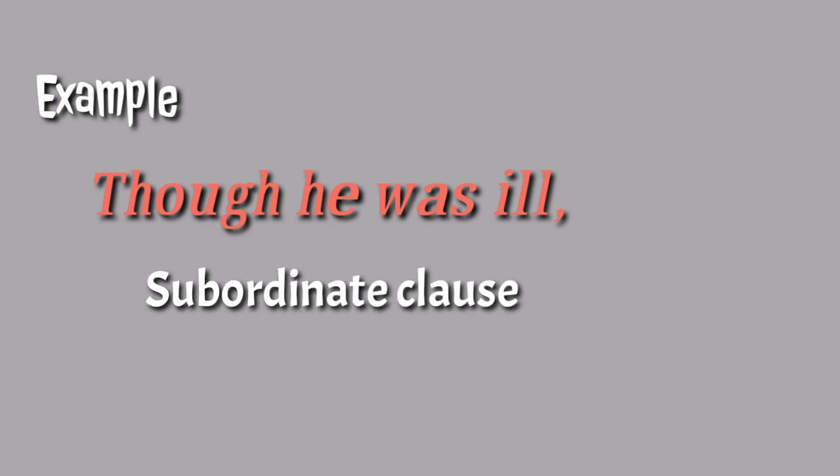In the first part, there are a conjunction, a subject, a be form as a finite verb, and an adjective. Though is a subordinating conjunction, there is a subject, there is also a finite verb. So this is a subordinate clause.